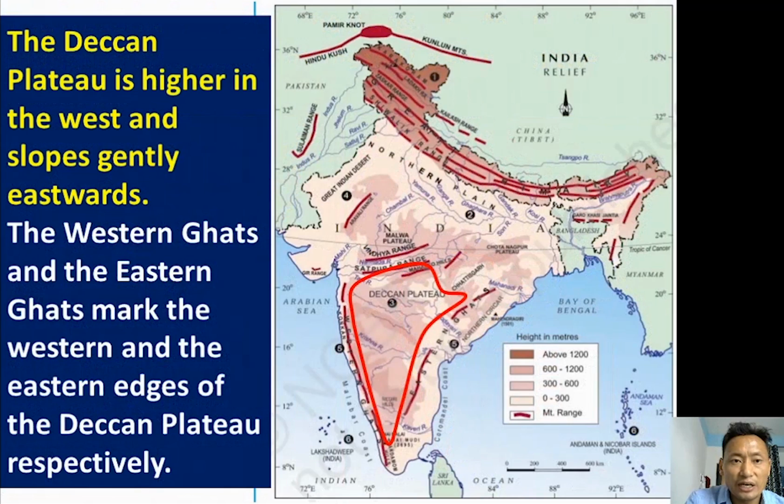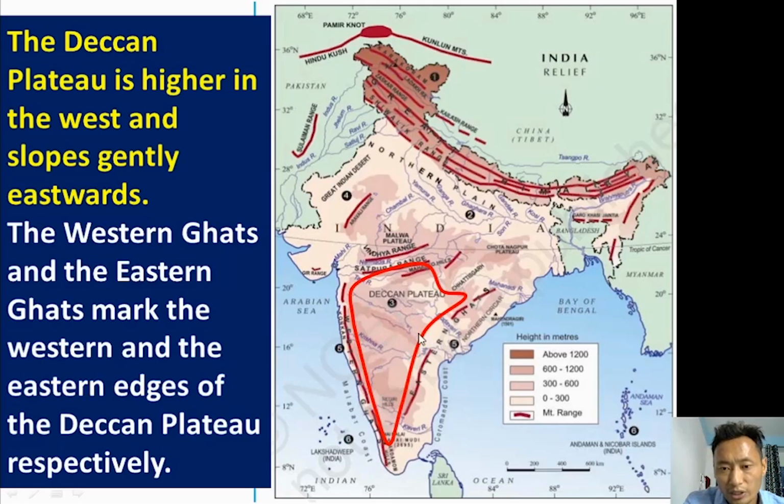Deccan Plateau is higher in the west and slopes gently towards the east. So if we talk about the relief feature of Deccan Plateau, it is much higher in the west, and it is much lower if we move towards the east.